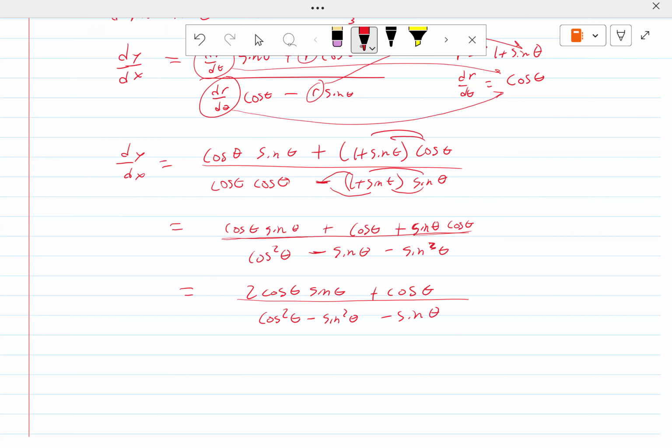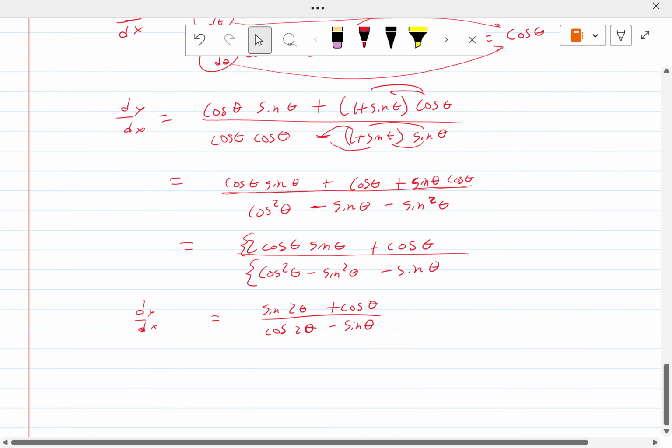Now from trigonometry, you might recognize these. These two are double angles. The top one is sine 2 theta, and the bottom one is cosine 2 theta. And so that's dy dx, that's my derivative.